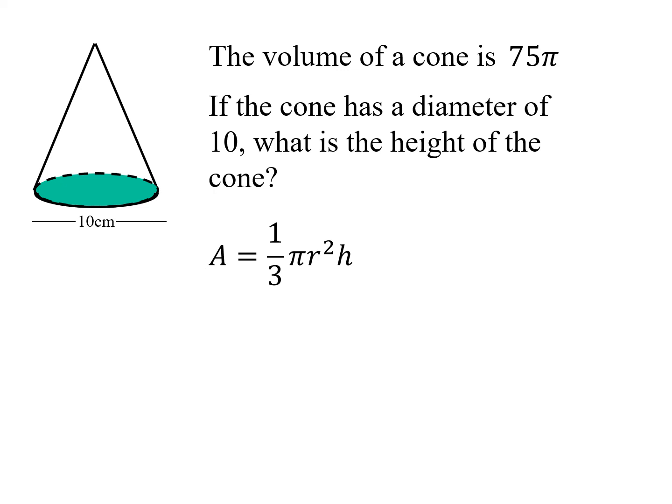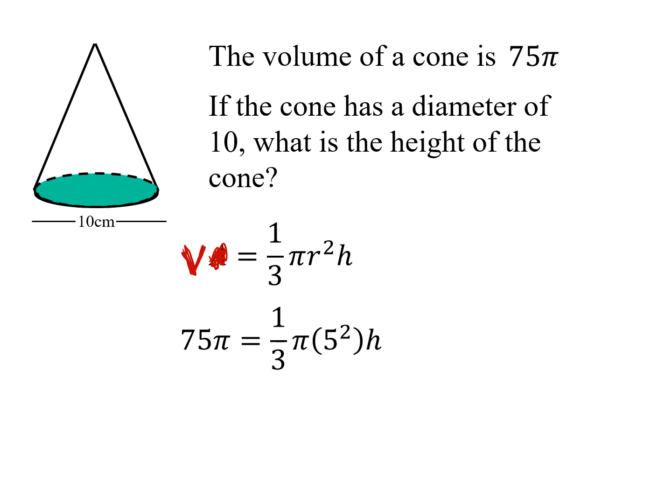So if we start with this, A equals 1/3 times pi r squared h. If I plug it in, notice that I plug in the 75 pi on this left-hand side here, because that's what the volume is. Probably should fix that. That shouldn't say A, that should say V. Oh well, no worries.